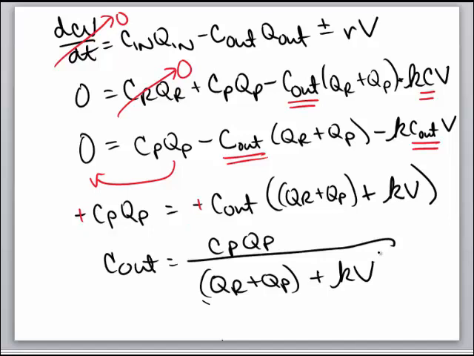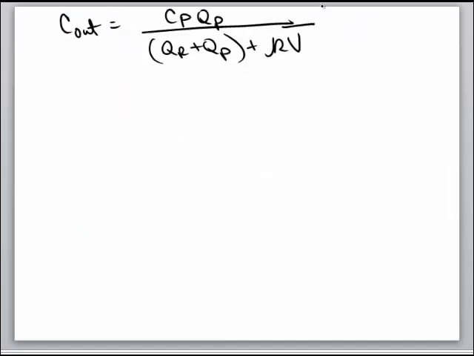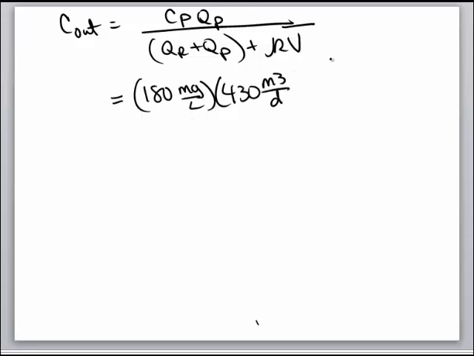Okay, I'm going to start putting in the actual numbers. So the concentration of the pollutant was 180 milligrams per liter, and the flow rate of the pollutant was 430 meters cubed per day. We need to get our volumes to cancel out, and there are 1,000 liters per meter cubed.